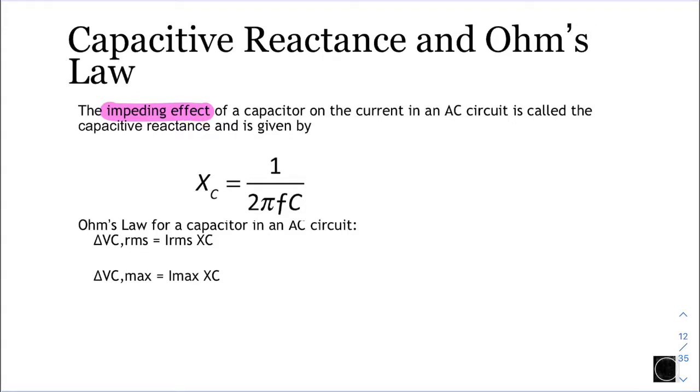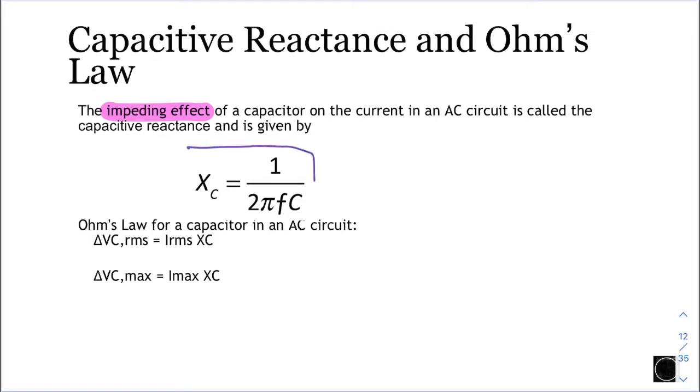So we call the impeding effect of a capacitor on the current in an AC circuit the capacitive reactance. How hard it is for the current to flow, we put it as capacitive reactance, the reaction of the capacitor in simple terms.